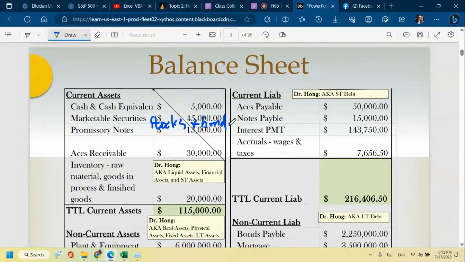Cash equivalents are very liquid short-term debt instruments. Highly liquid. Liquid. Short-term.